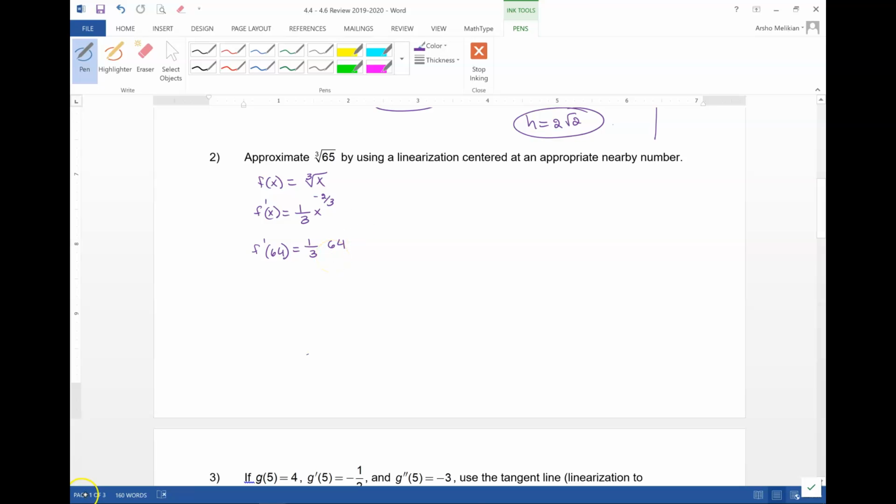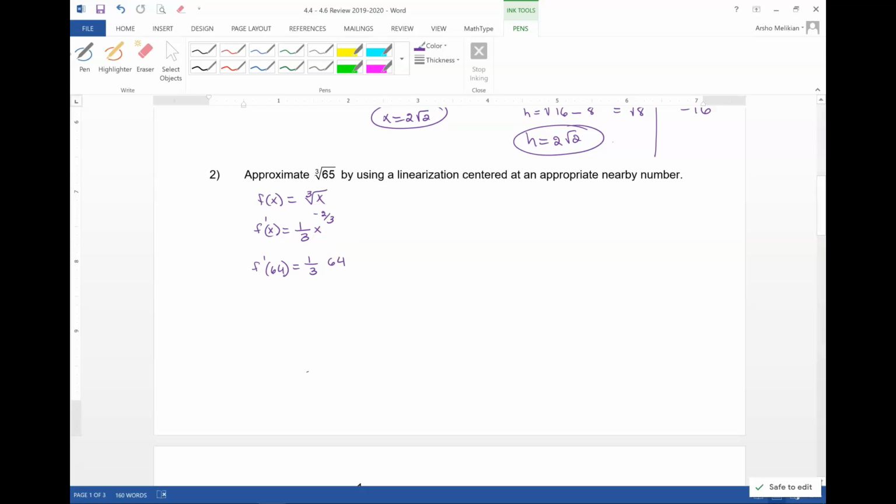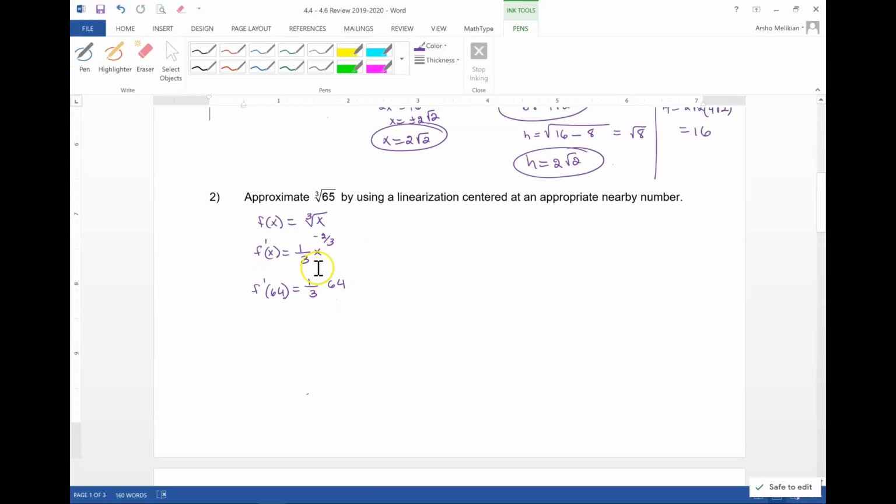Which is 1 over 3 cube root of 64 to the power of 2, right? So that's how much? 1 over 3. What's cube root of 64? 4 squared is 16. Okay. So how much is this here on the bottom? 1 over 48. Okay, so what else do I need?